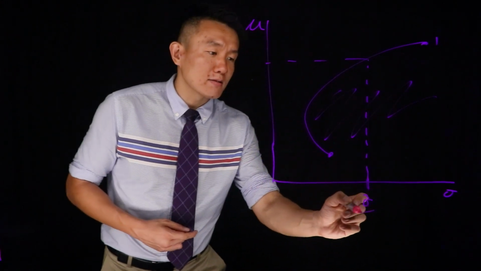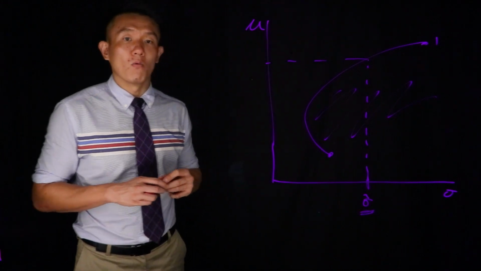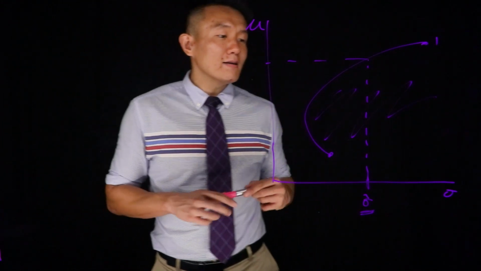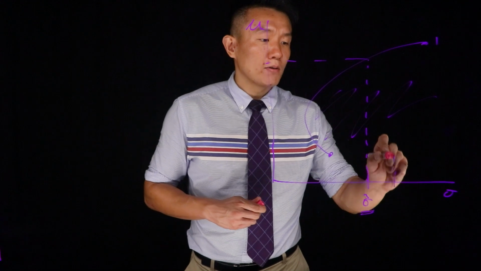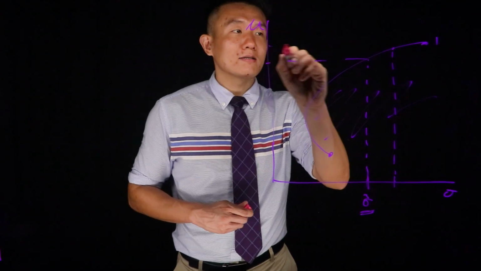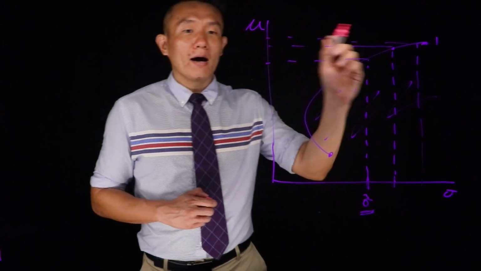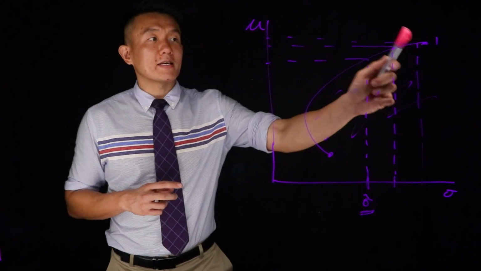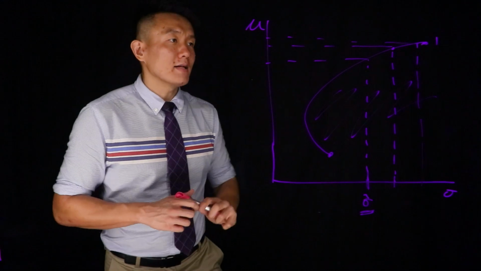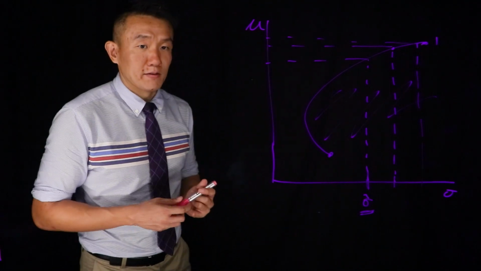I'm not saying that this is necessarily the amount of risk that I want, but for any level of risk that I could choose, I'm going to pick the highest level of return achievable. And when I sketch out that line, that's going to give me the efficient frontier.